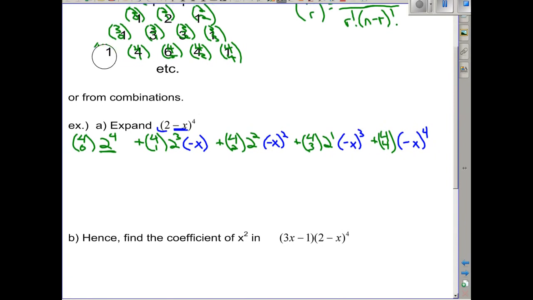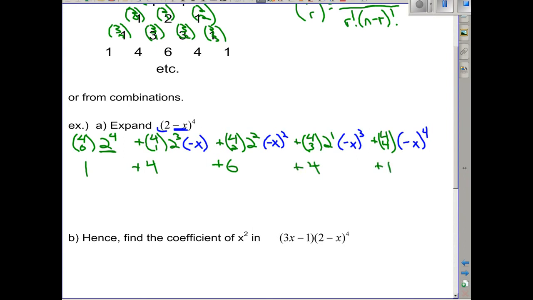You may not have wanted to show this first step with the combinations. You might have gone straight to Pascal's triangle and said power of 4, that's the 4th row of the triangle if I write it without that first top number. So initial coefficients of 1, 4, 6, 4, 1.